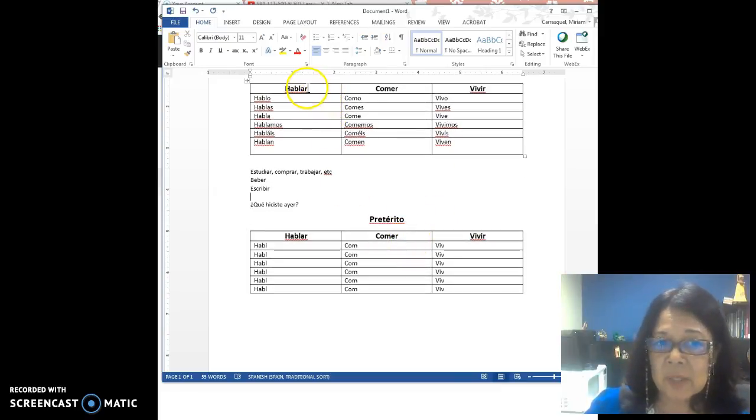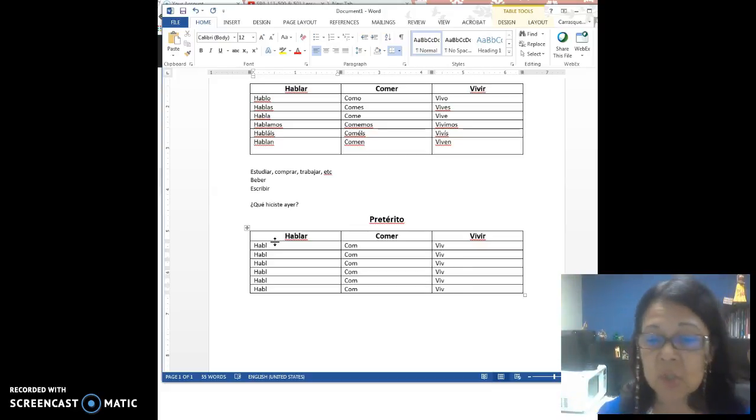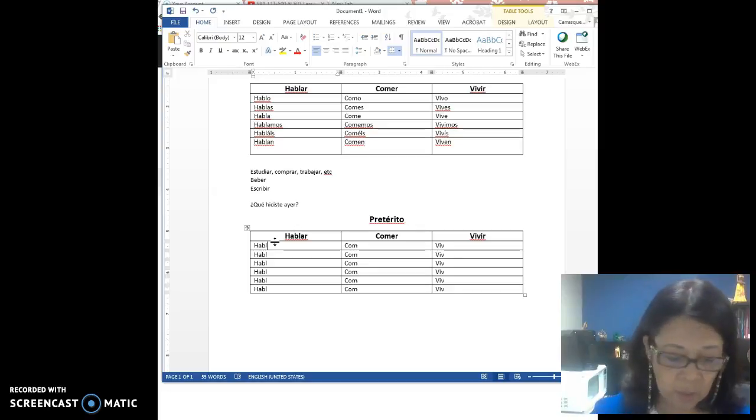So notice, what are we going to do with hablar? So here we want to say I spoke, you spoke, she spoke, and so on. So the idea here is, and I want you to pay attention to where we place the accent marks. So, yo hablé, tú hablaste, él habló, nosotros hablamos, vosotros hablasteis, y ellos hablaron.